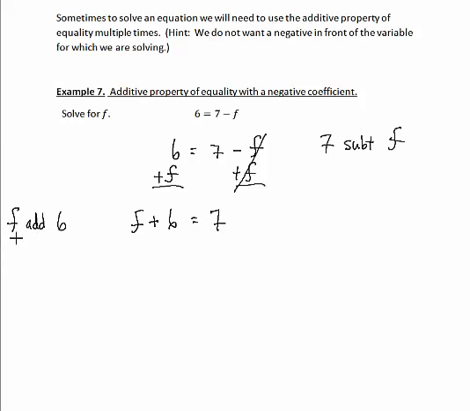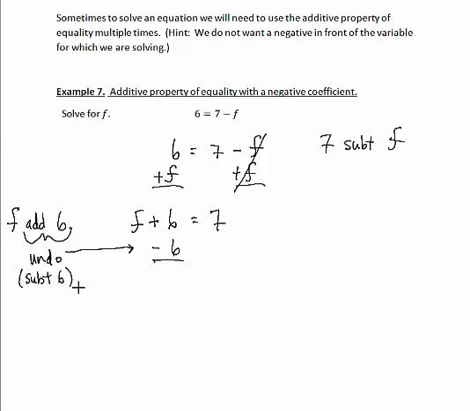We want to undo the addition of 6, and so that leads us to subtract. Oh, subtract a 6, not a 7. Okay. So subtract 6.